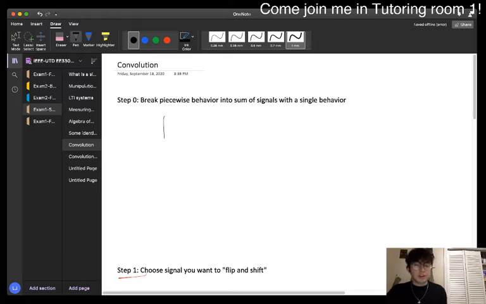So if we get a signal and we're trying to convolve it with some other one that looks crazy. Let's convolve with this one. I'm going to have it look like a trapezoid here.